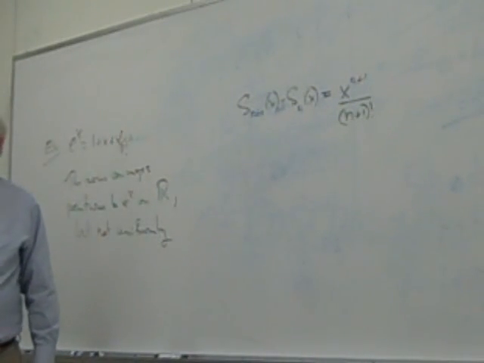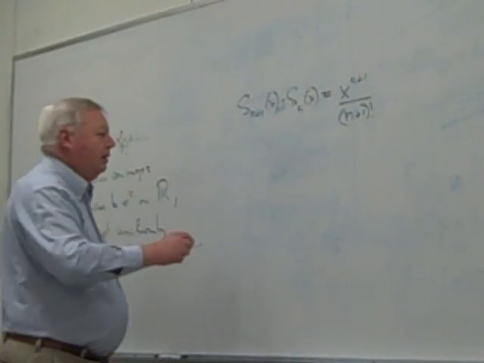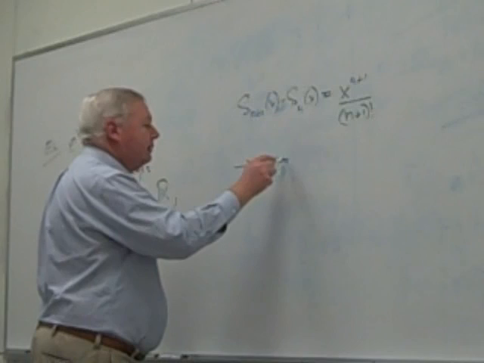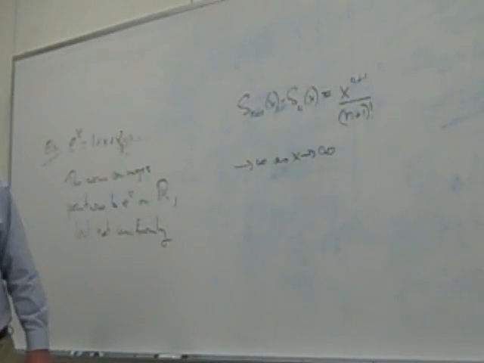For uniform convergence, that would have to be less than epsilon for n large enough, and for all x. But this goes to infinity as x goes to infinity.